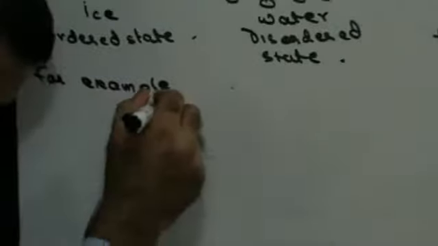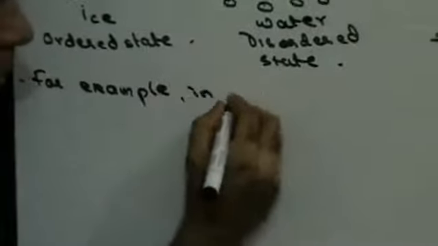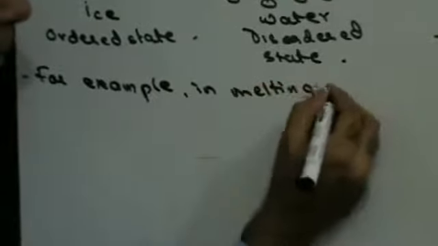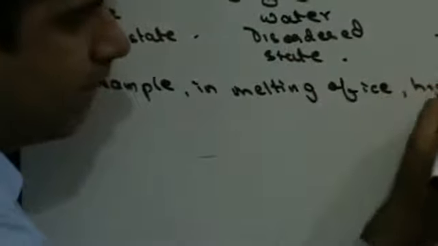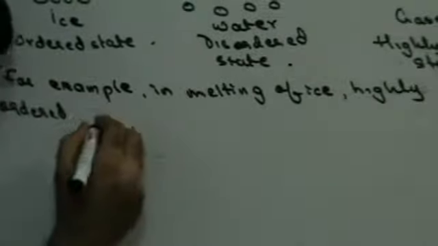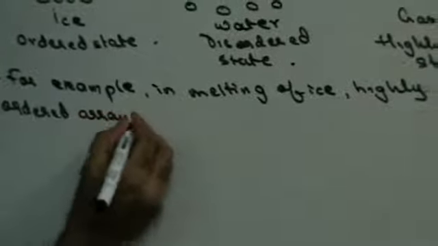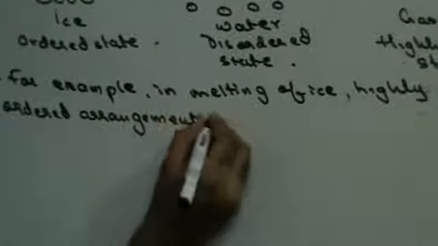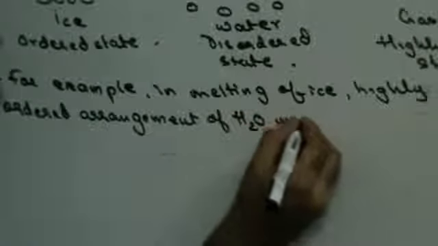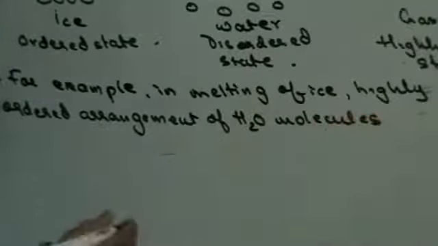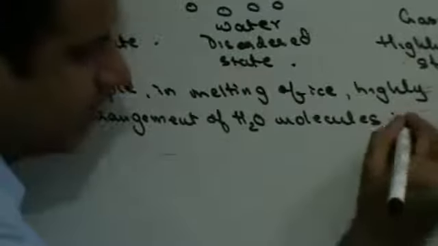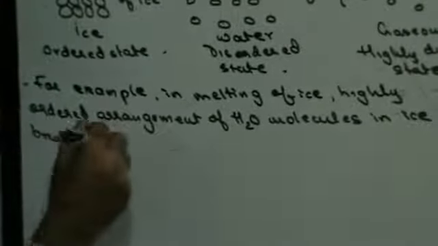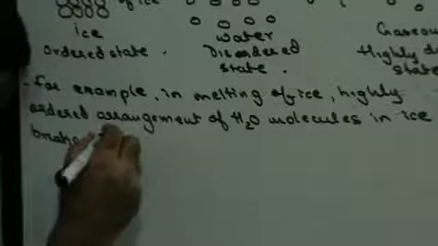For example, in melting of ice, the highly ordered arrangement of water molecules in ice breaks into a disordered state.